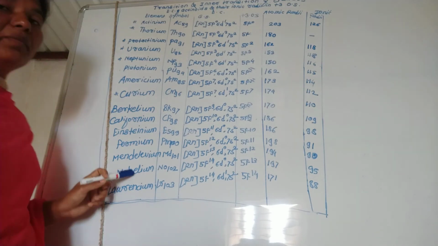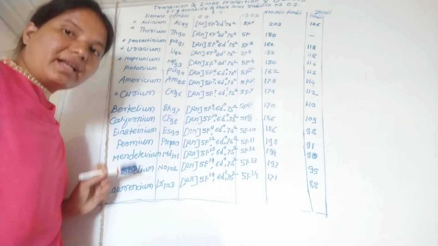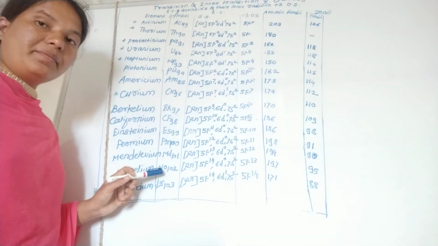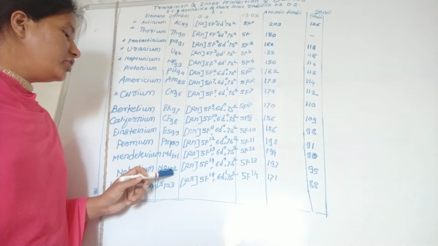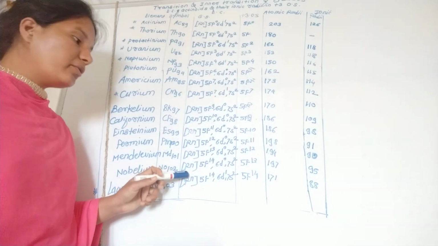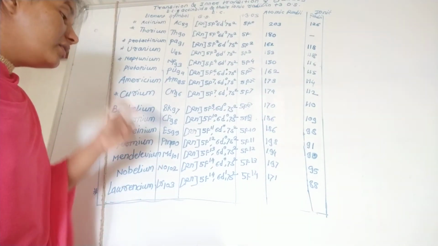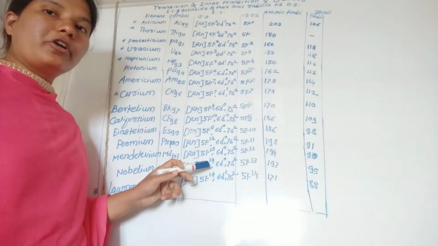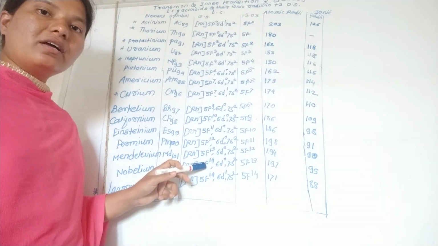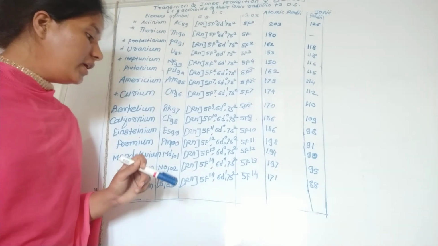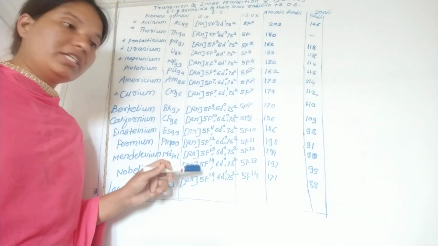Then the second last element is nobelium. Nobelium is the symbol, 102 is the atomic number, with respect to radon. There are a total of 16 electrons there. So 2 electrons in the s orbital and the f orbital has 14. It is already fulfilled. Now it is stable.